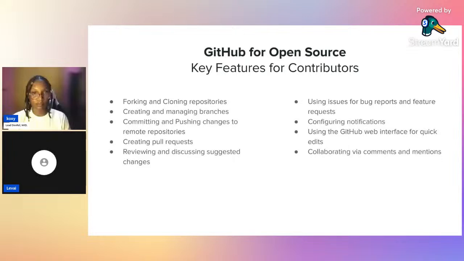So before version control, the way teams collaborated was that developers would email updated versions of their code to each other, and things like that would cause confusion over what version of the code was the most recent.